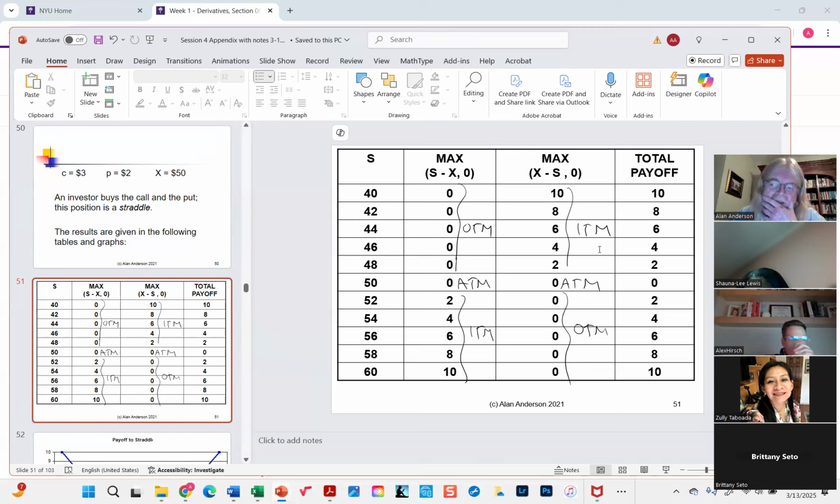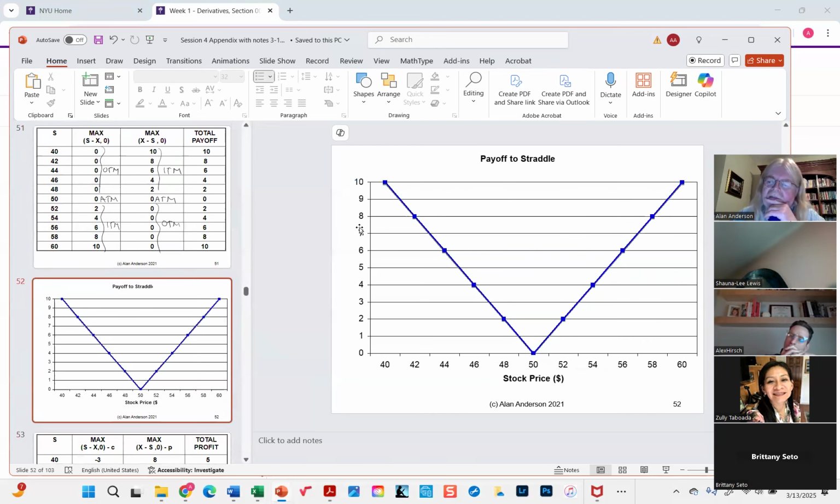So don't be too shocked when you see the graph of just the payoffs. Oh my God, it's a big V. And so at 50, we have a payoff of 0. Everywhere else, the payoff is positive. Wow. Now, if you notice, this position will benefit when the stock goes either up or down significantly.